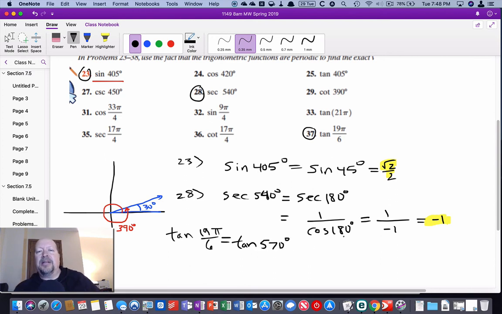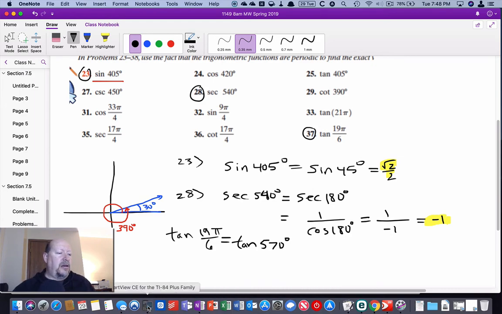I don't really know the trig function values for 570, but I do know that tangent has a period of 180 degrees. The values repeat every 180 degrees.